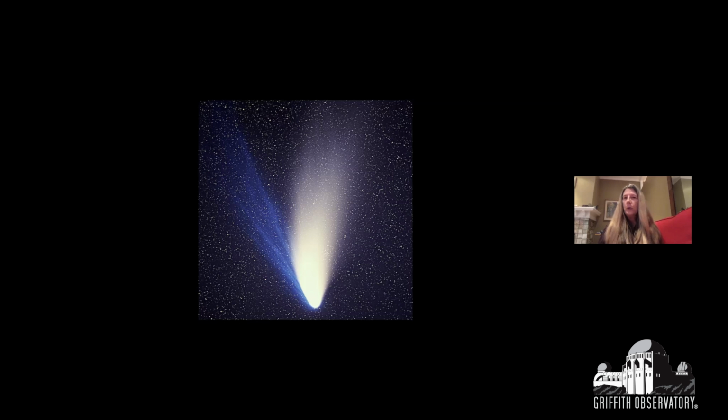One, the bluer one, is a gas tail of ions, so electrically charged ionized gas, and it always points directly opposite the sun. That's because it's got an electric charge and it interacts with the solar wind coming off the sun, and it just streams straight back.